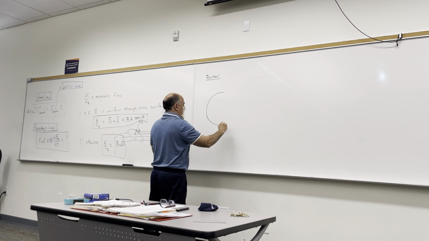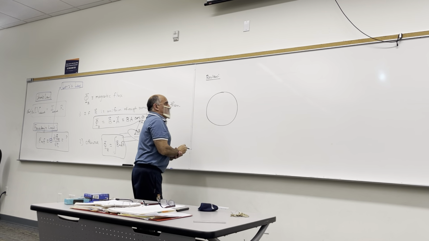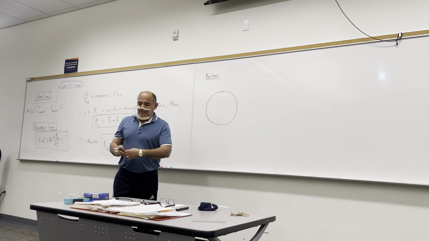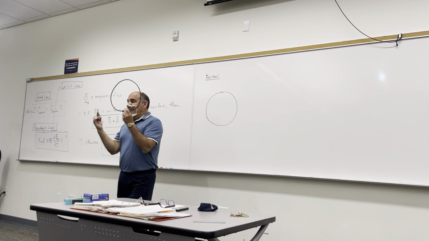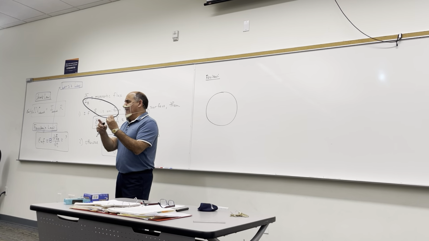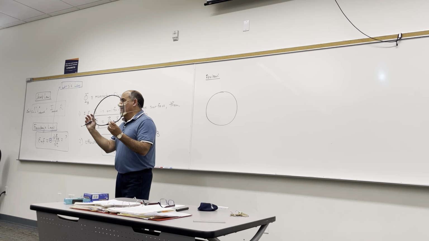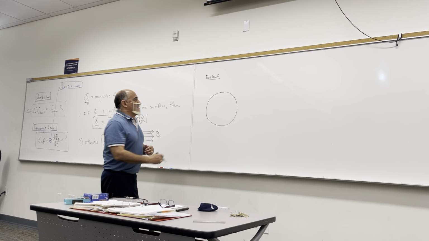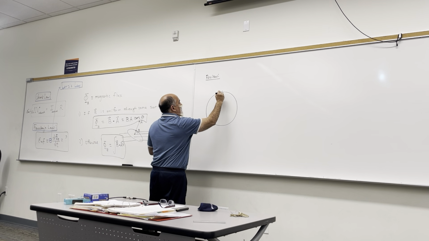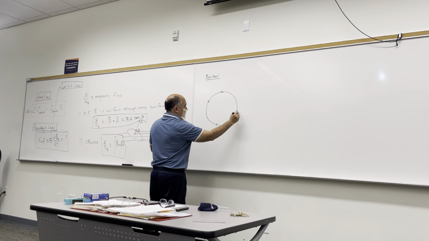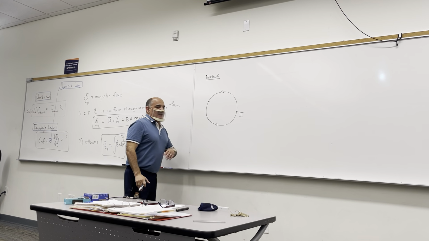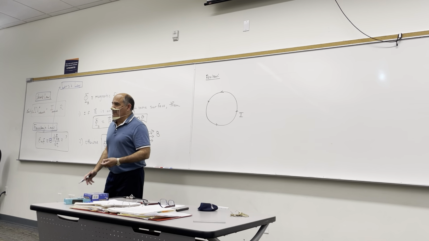What if I have a loop like this? And what if there is a current in this loop? Maybe there's a little battery in there. Suppose the current in this loop is in the counterclockwise sense.